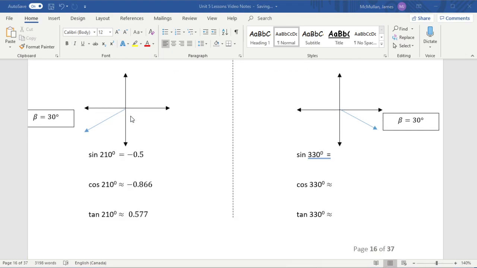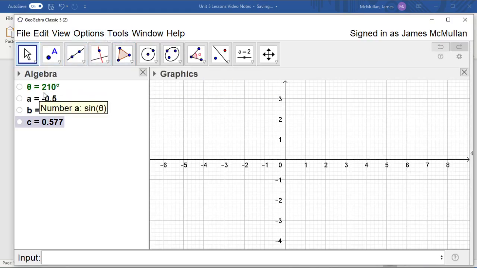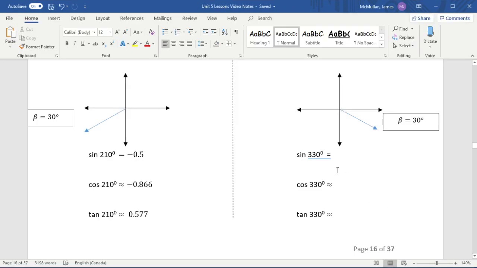Now, let's change my answer to 330 in this picture. And my numbers are all the same. This time sine is negative, tan is negative, and cos is positive. So let's write that down. Sine is negative 0.5, cos is approximately 0.866, and tan is approximately negative 0.577.